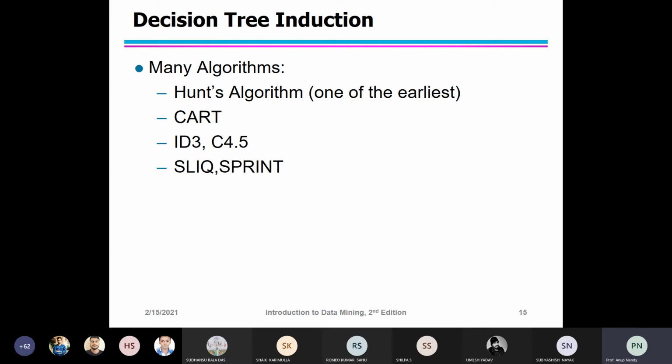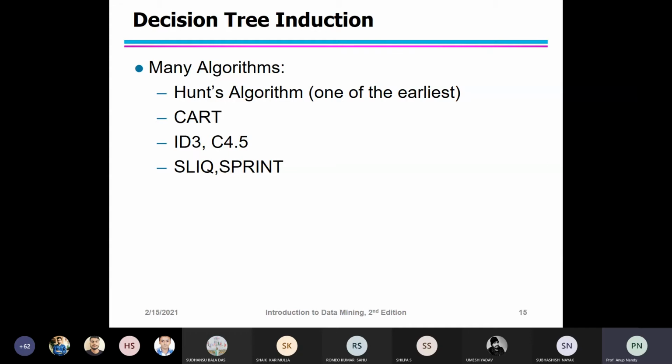One such algorithm, one of the earliest, is called Hunt's algorithm, and it is the basis of many existing decision tree induction algorithms, including ID3, C4.5, and CART.